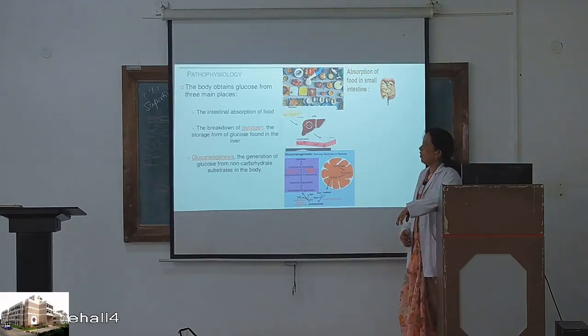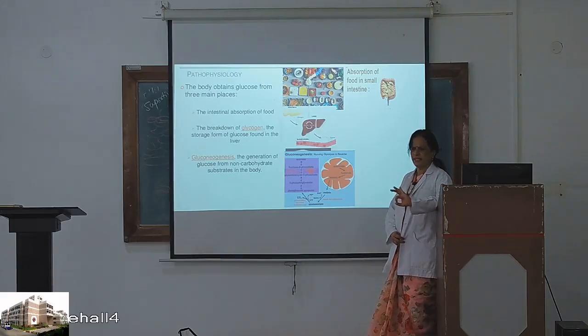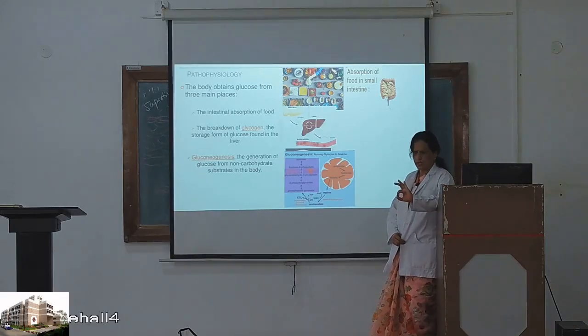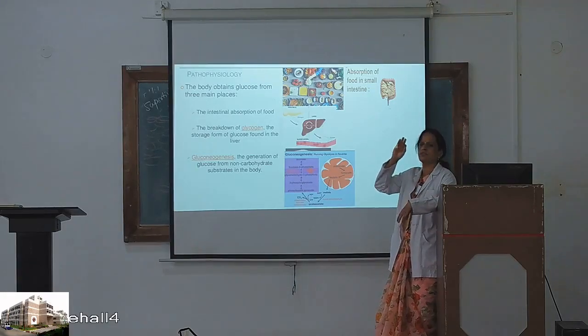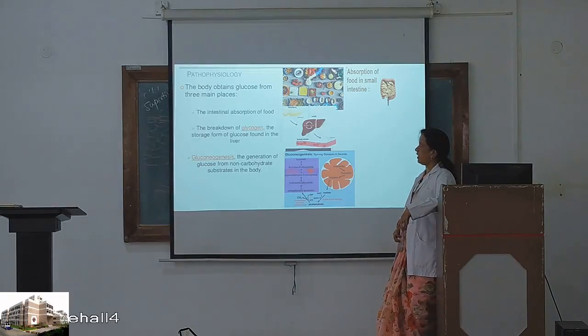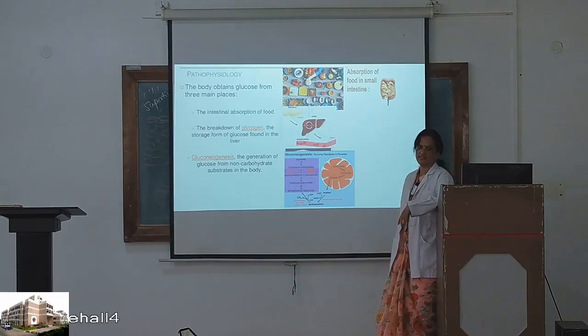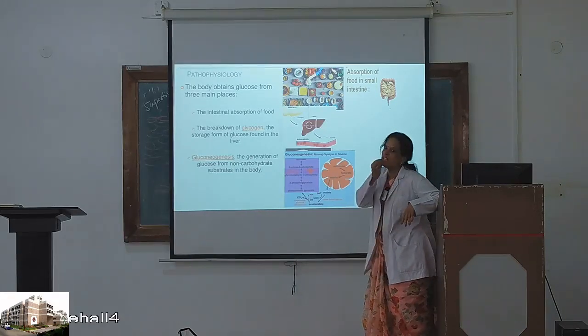Pathophysiology. How does the body get glucose? Every cell needs glucose for its activity, especially the brain cells, which constantly require a supply of glucose, oxygen and water. So how do we get this? One is by eating. Do we undereat? We overeat.